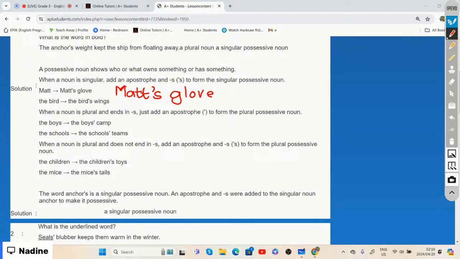And we made an example of Matt's glove. Or if we are talking about the wings of the bird, then we can say the bird's wings. It belongs to the bird. It's not your wing, it's not our wing, it's the bird's wing. Maybe the bird's wing is hurt, or something.